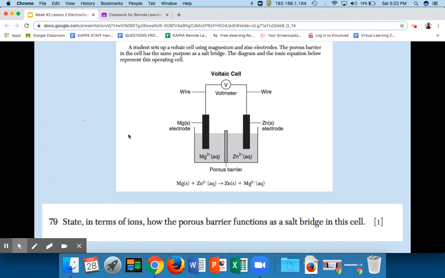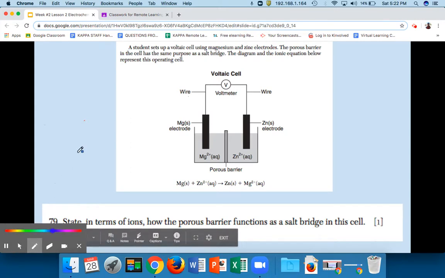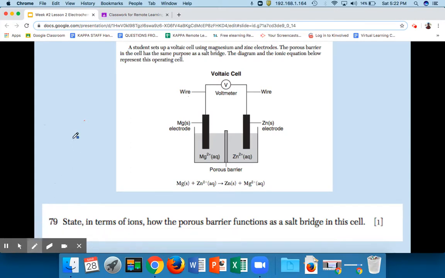State in terms of ions how the porous barrier functions as a salt bridge in this cell. So state, and we have to include in our answer ions, how the porous barrier functions as a salt bridge. So we have to think, what does a salt bridge do and what does it have to do with ions?